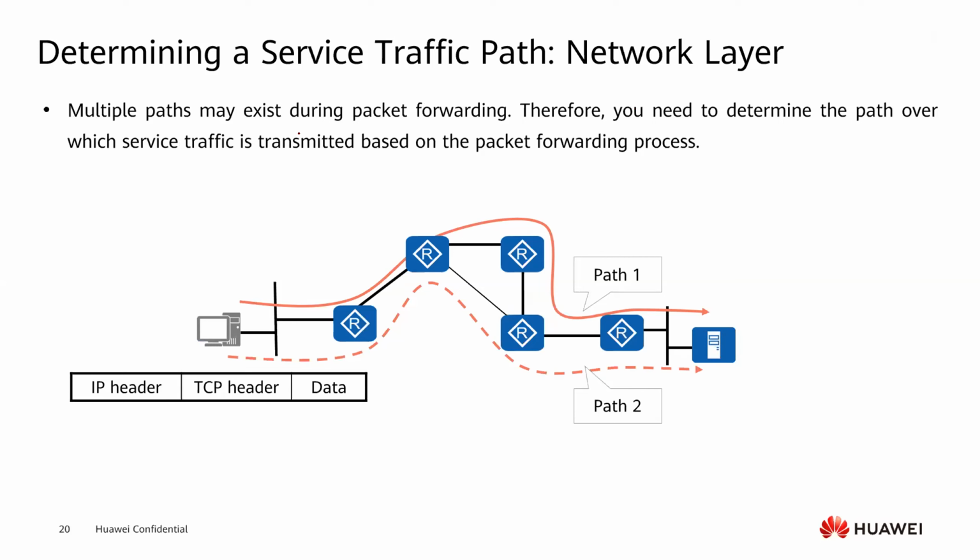For the network layer, multiple paths may exist during packet forwarding. Therefore, you need to determine the path over which service traffic is transmitted based on the packet forwarding process. You must find the right way to the destination address.